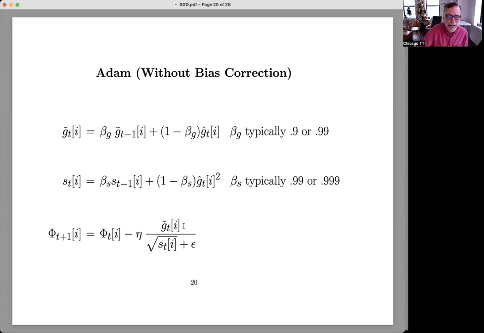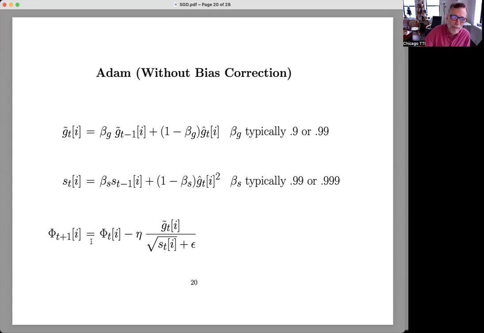Then this update has this interesting form. We're going to update the parameters by subtracting a learning rate times our EMA moving average of the gradient divided by the square root of our moving average estimate of the second moment.